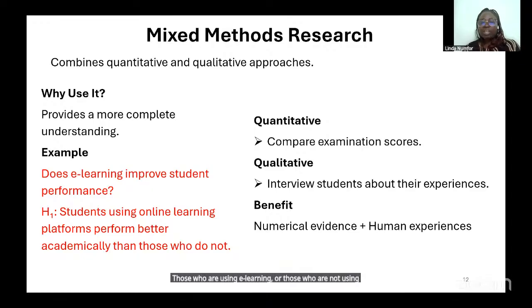The qualitative part, you interview the students to ask their experience. When you are using e-learning, how do you feel? What happens? Do you understand? Does it affect you? Do you concentrate when you are using e-learning or not? Then the benefit, the advantage of this is that you have the numerical evidence and you have human experiences. That is both the quantitative and the qualitative analysis, which is much more reliable.